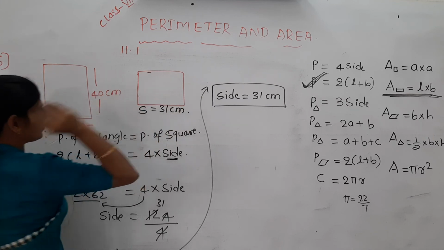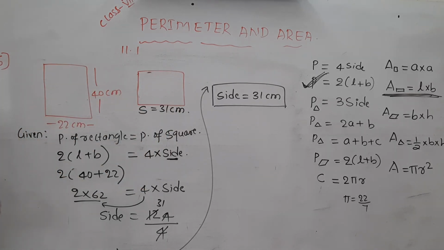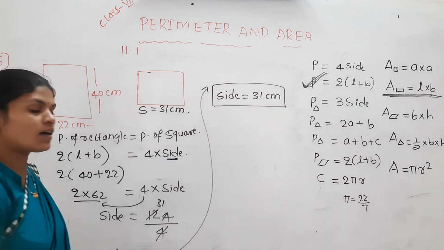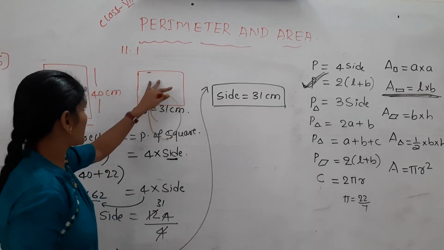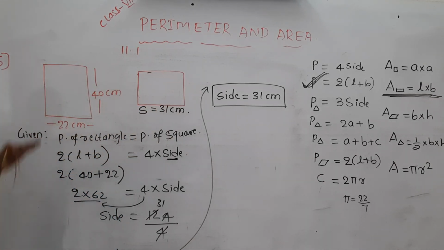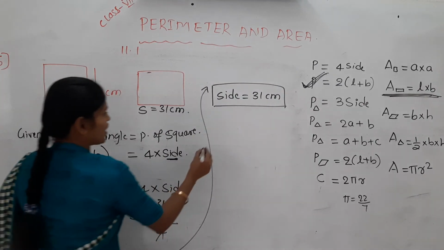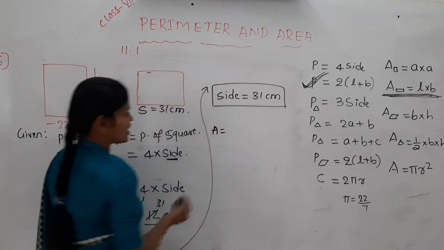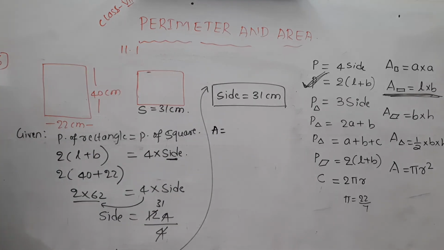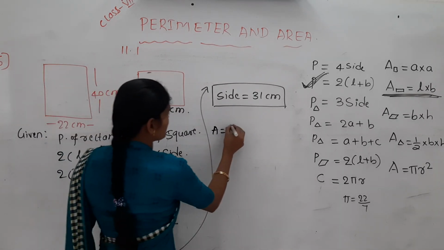Next, what we have to find? Also find which shape encloses more area. Does the square enclose more area or the rectangle? For that purpose, we have to compare the area of the square as well as the area of the rectangle. First I want to find the area of the square.